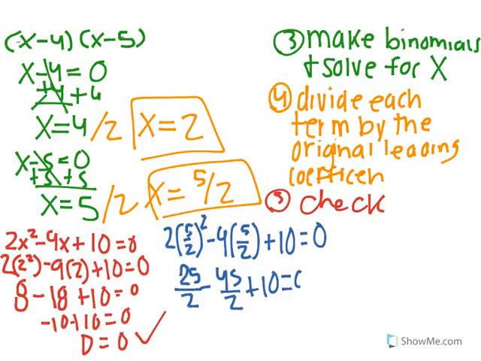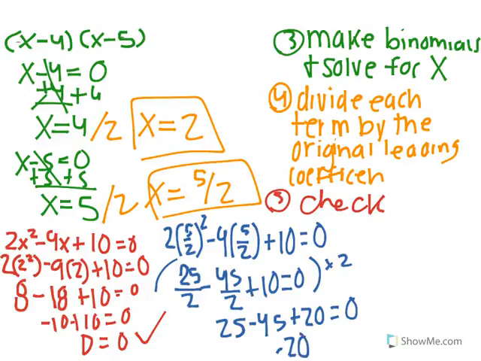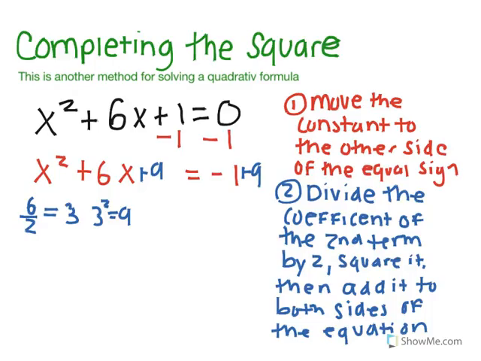Because I don't want to work with fractions, I'm going to multiply the entire thing by 2. So I got 25 minus 45 plus 10, 20, because I multiplied by 2, is equal to 0. That's negative 20. 25 minus 45 is negative 20, plus 20 is equal to 0, and I got 0 is equal to 0, and that's correct. So no extraneous solutions. They both work out. Our answers to the quadratic are 2 and 5 over 2.